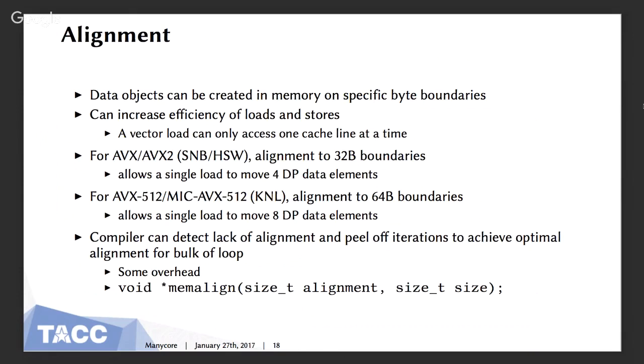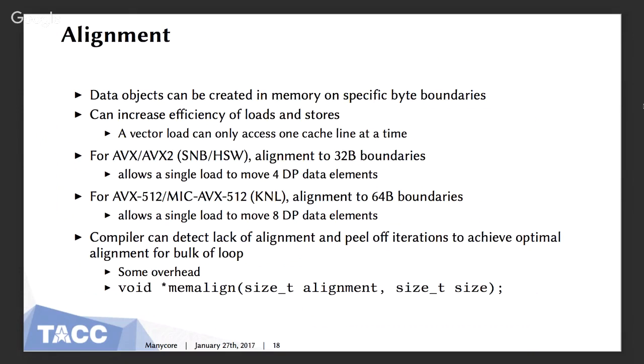It's pretty great. And then it can peel off iterations in your loops, for example, to make sure that the bulk of your loop is aligned. And maybe there's just some small part of your loop that's not. There's some overhead associated with performing this peeling operation. But it's typically not, I would say, a first order effect by any means.